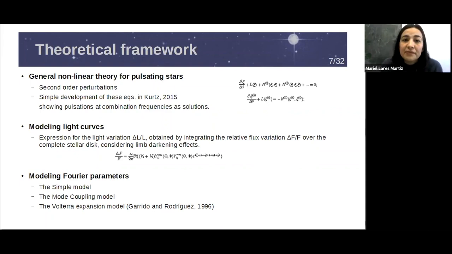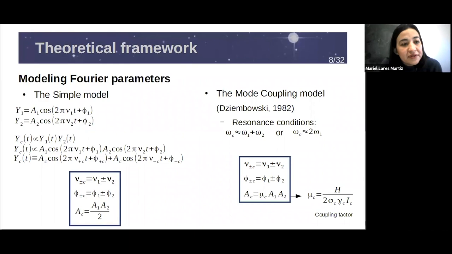But there is a more direct way to model nonlinearities, which is by the Fourier parameters, meaning the amplitude, phases, and the frequency position in the power spectra, and modeling these parameters, which is the way we chose to proceed, since this is an empirical study.